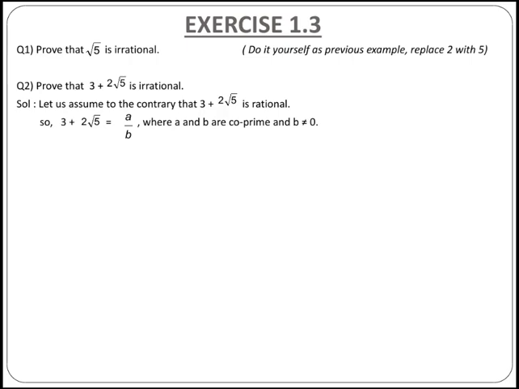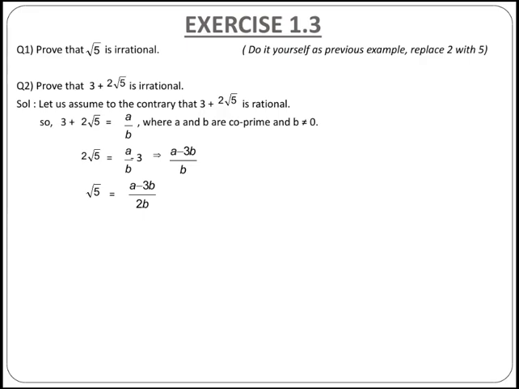So when we transfer 3 to the right hand side, it goes negative, and when we take LCM, we will get 2 under root 5 is equal to (a minus 3b) upon b, and we have to make root 5 alone. So root 5 will be equal to (a minus 3b) upon 2b.